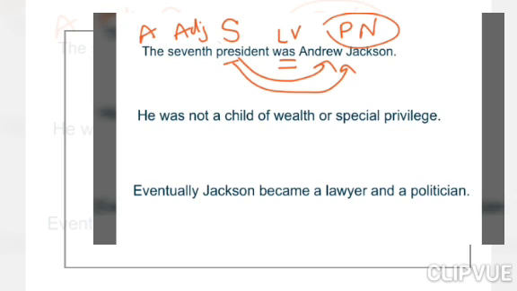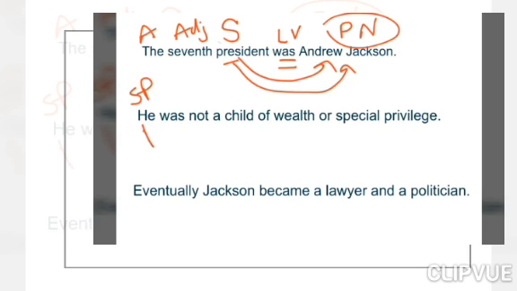He was not a child of wealth or a special privilege. What is our subject over here? Well, we have a subject pronoun. And the subject pronoun is he. Let's read again. He was not a child of wealth or a special privilege. Is he being renamed over here? Let's take a look.